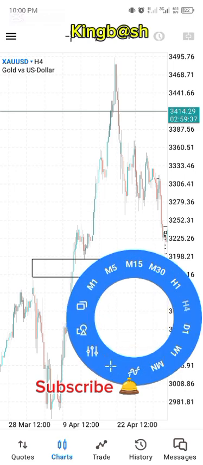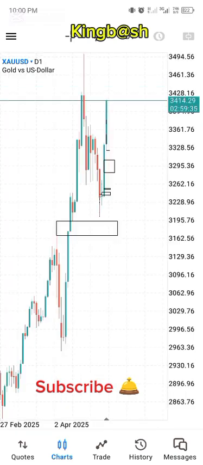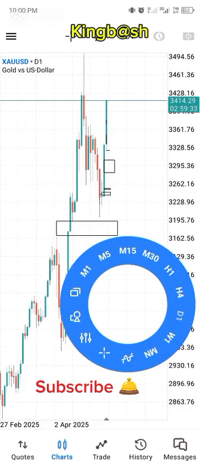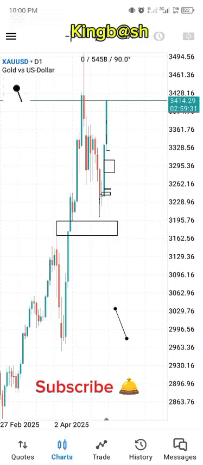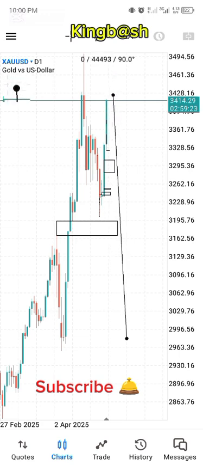From the daily, you can see price making higher highs and higher lows, higher highs, higher lows. We are expecting price to make another higher high. So this is the trend from the daily time frame.